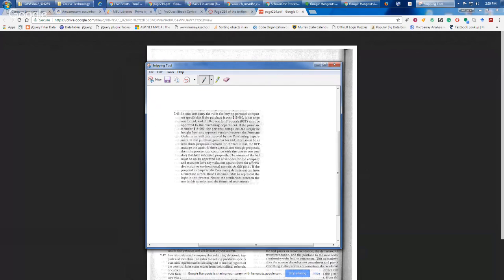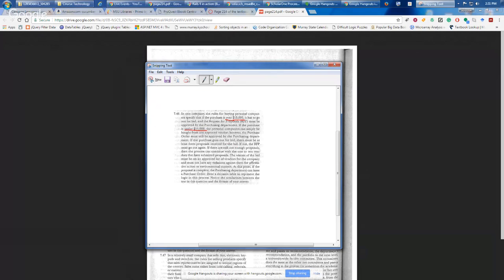So talking about purchase over $15,000 or purchase under $15,000. So there are two possible amounts, over 15,000 or under 15,000. And another variable is the number of proposals we got.